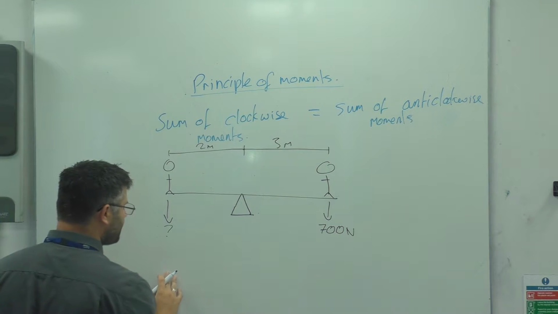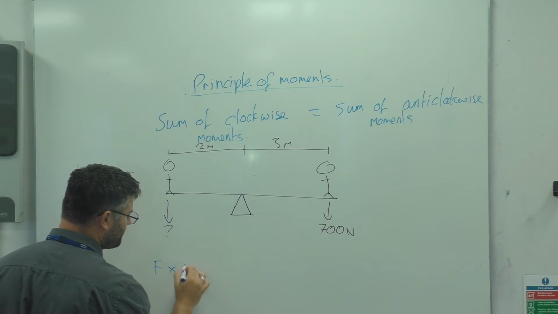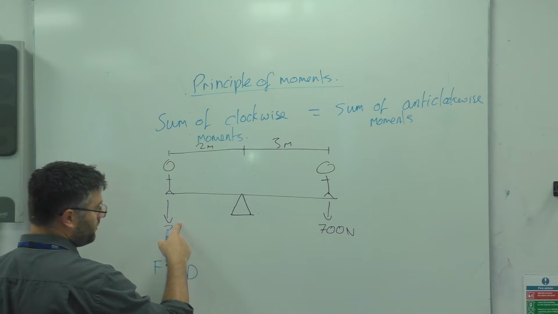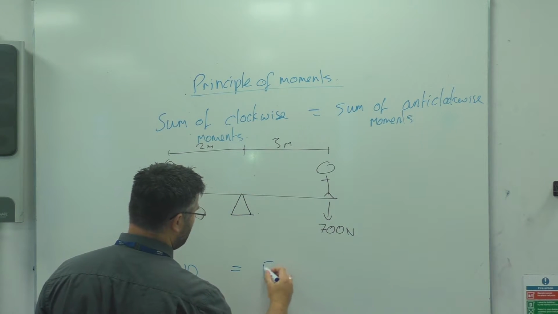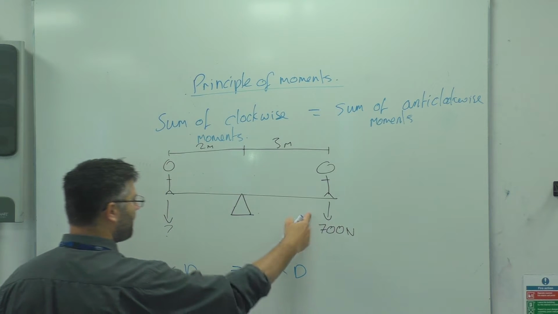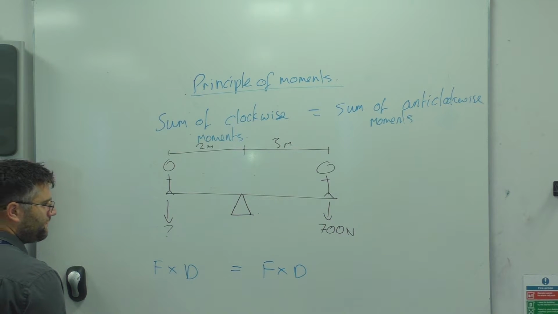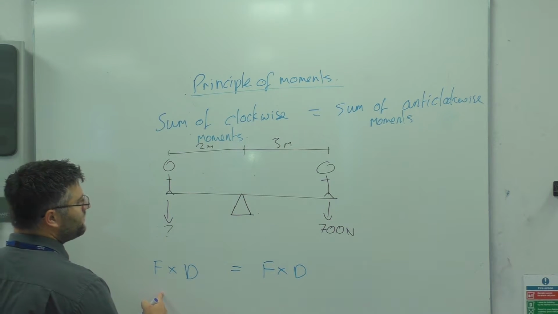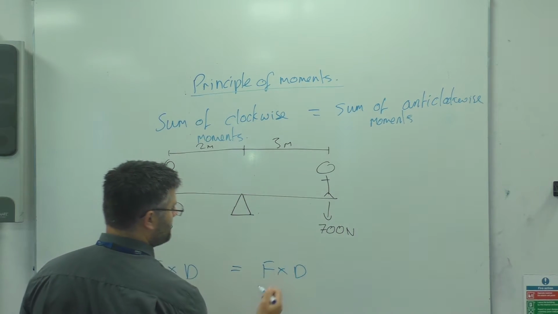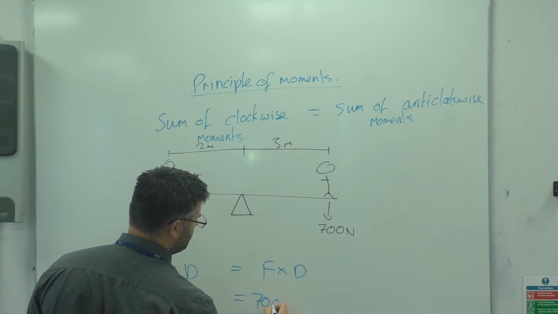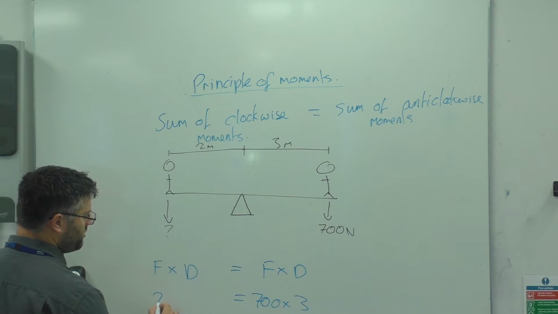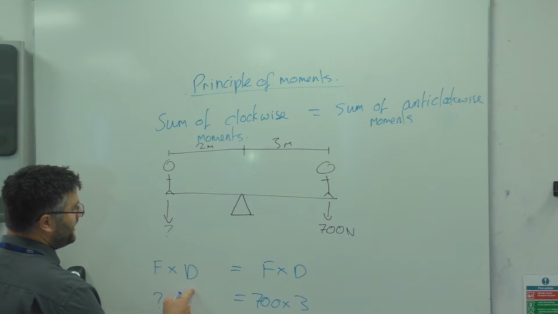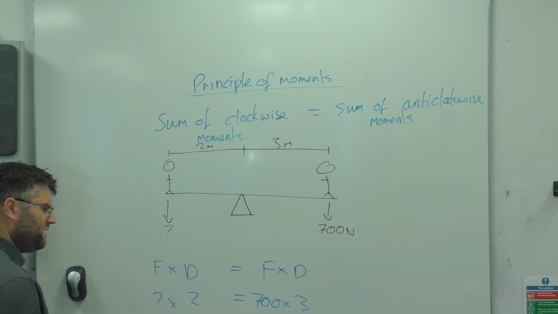So what we're going to say is that our force times our distance for our anti-clockwise moments is going to equal the force times the distance for our clockwise moments. So that means that we can say that 700 times by 3 is going to be equal to some unknown times by the distance, which in this case is 2 meters.